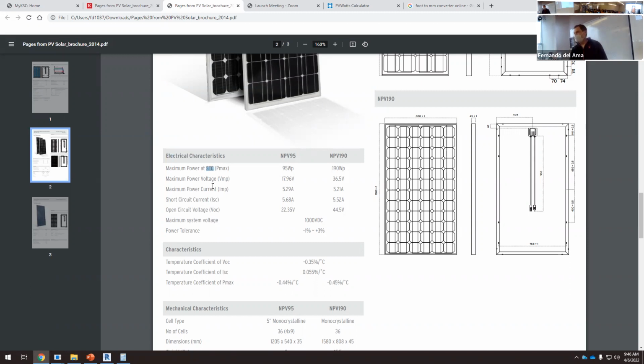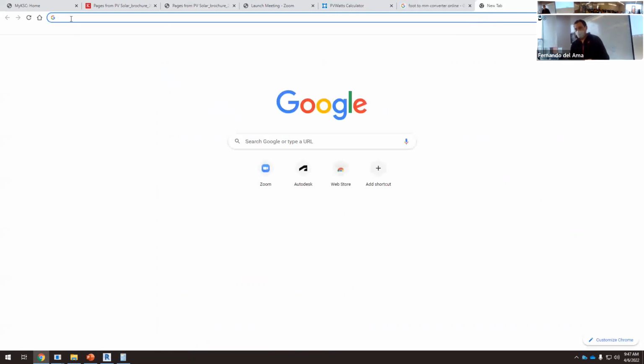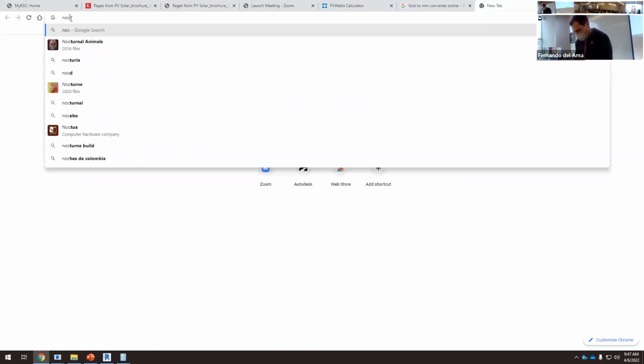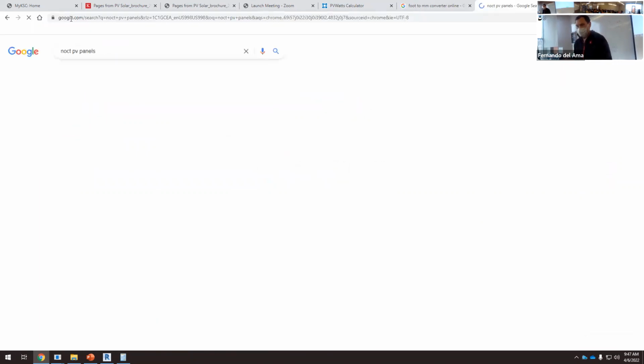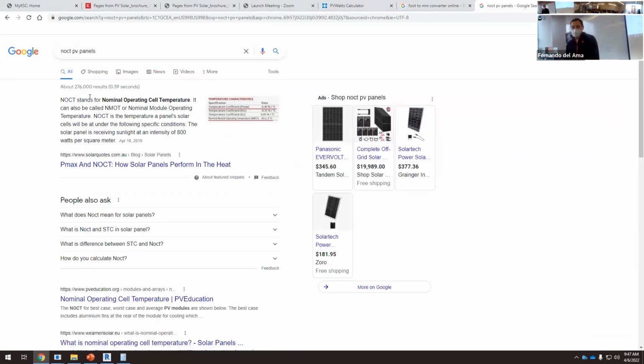Can somebody tell me the difference between NOCT and STC? That's very important. And we can't include this kind of information in Revit. NOCT for PV panels stands for nominal operating cell temperature.